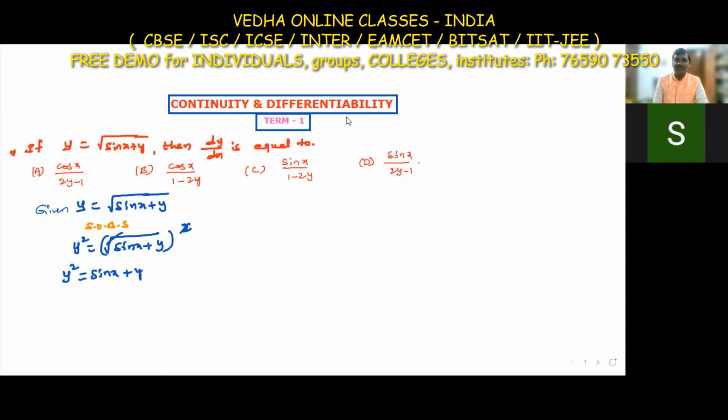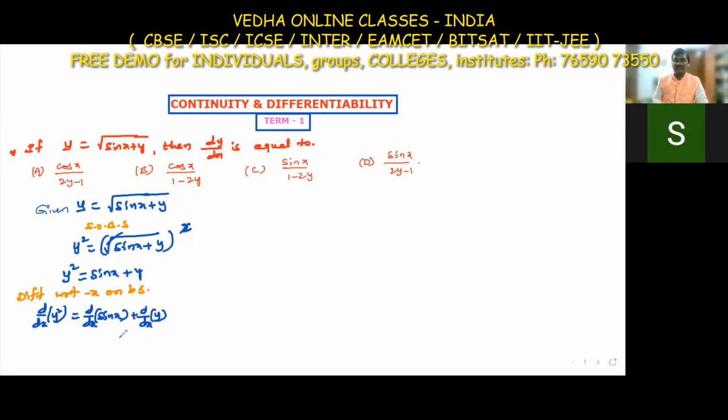Now differentiating with respect to x on both sides. The d by dx of y square is equal to d by dx of sin x plus d by dx of y.